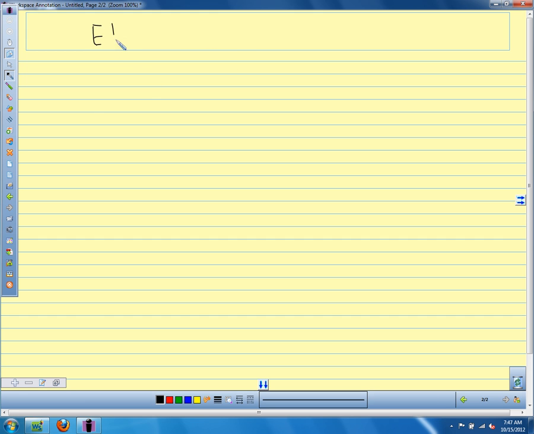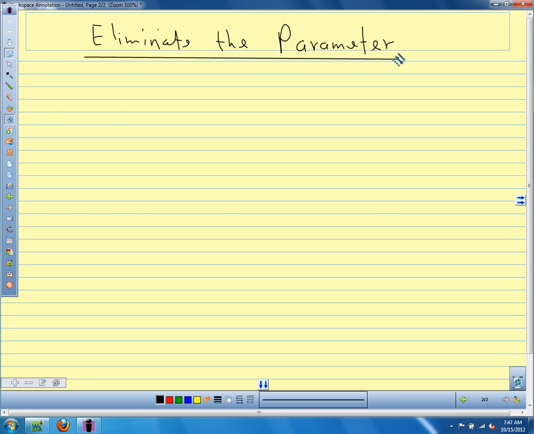So eliminating the parameter is going to be one important tool that we need to work with parametric equations.